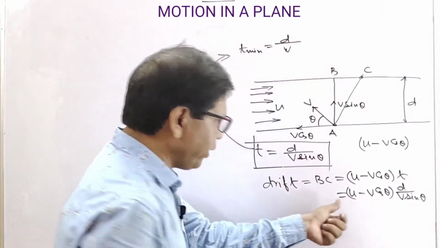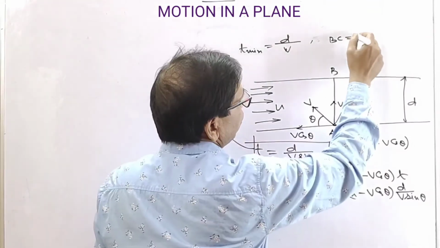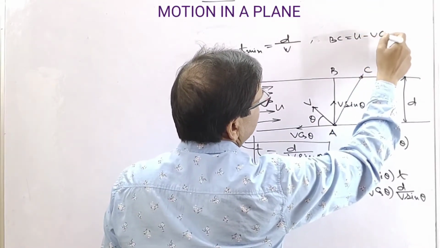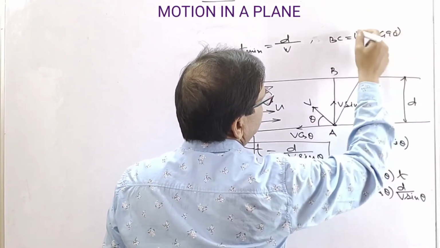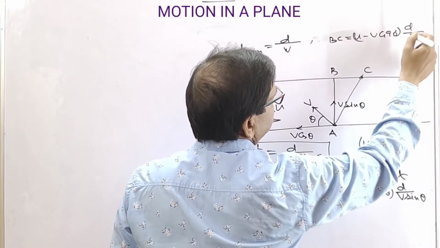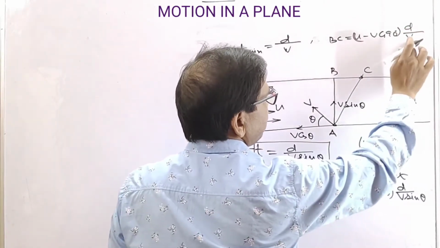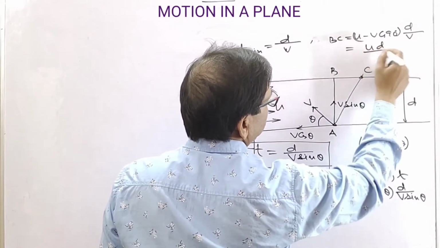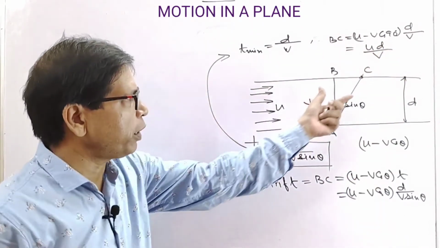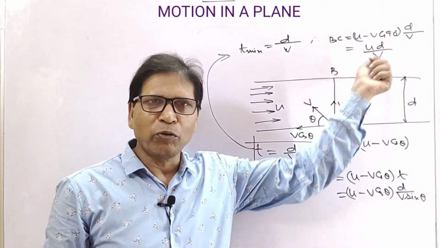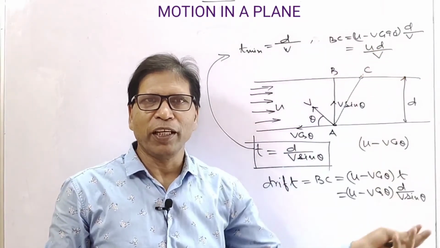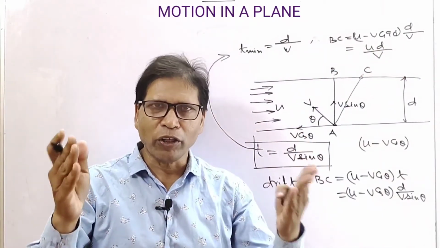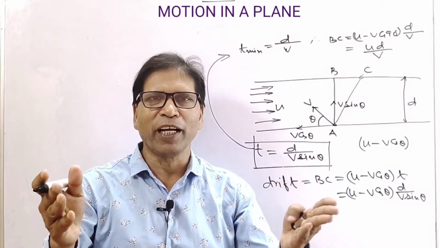In this case, drift BC equals (u minus v cos 90 degrees) into d by v sin 90 degrees. Now v sin 90 means v. So this is u into d divided by v. So drift equals u d divided by v when the person crosses the river in minimum time.